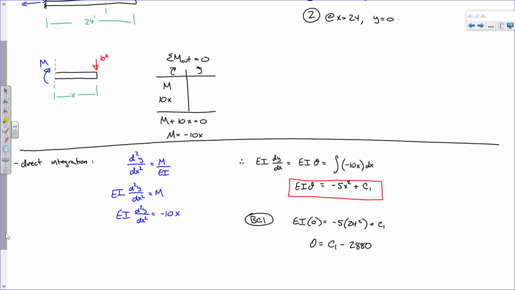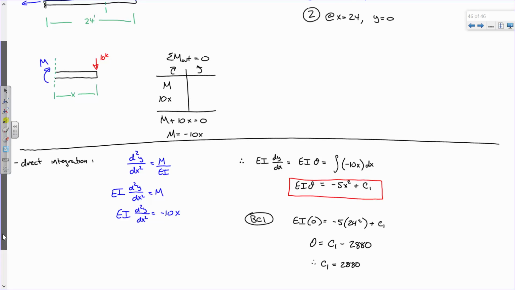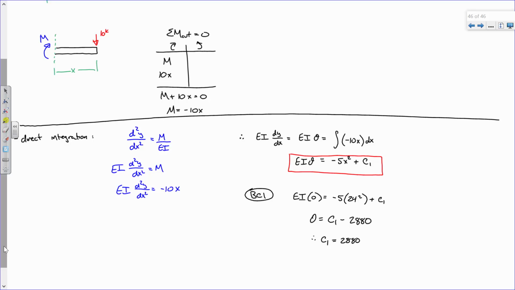You got outvoted, man. All right, so therefore C1 is 2880, and EI times theta is 2880 minus 5x squared, right? That's pretty straightforward. So that's simple.